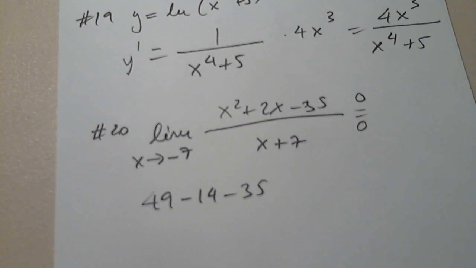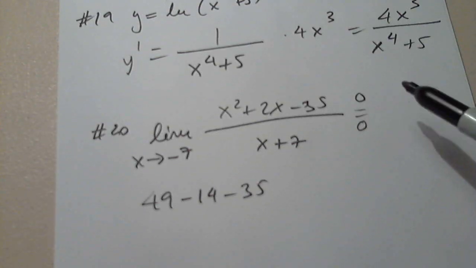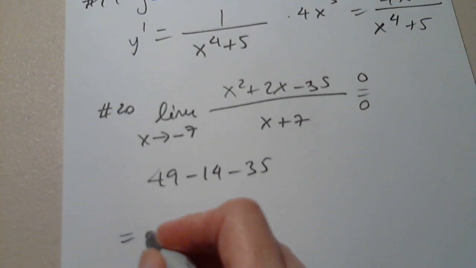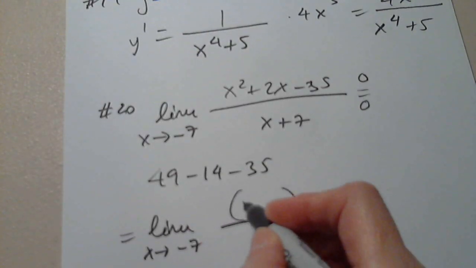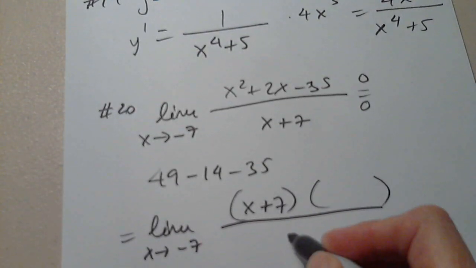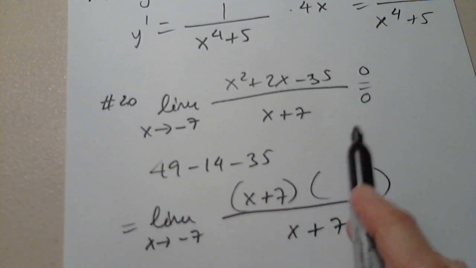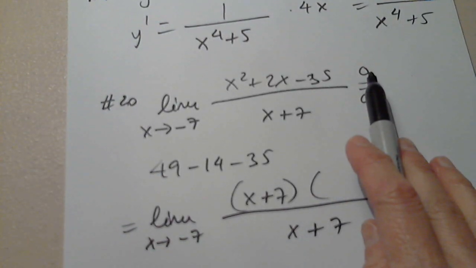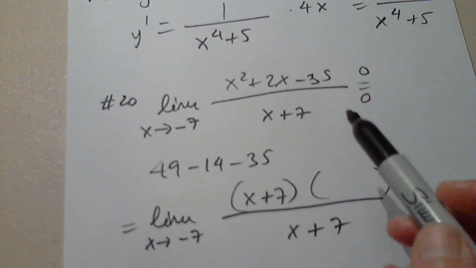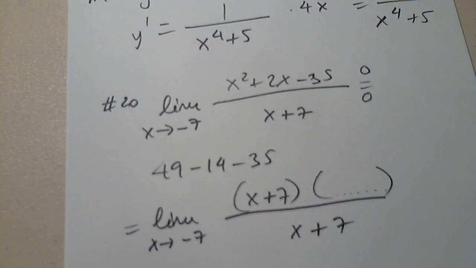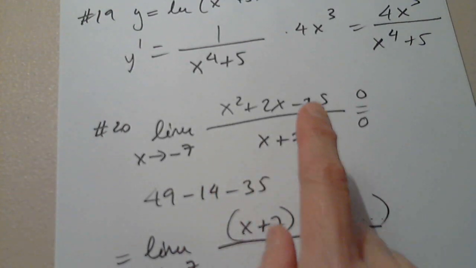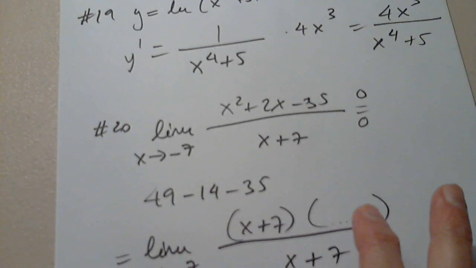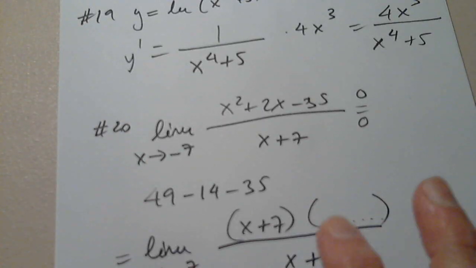Okay, so when I plug in -7 and I got 0, I know the numerator, as we discussed, must have a factor of x plus 7. Otherwise, I would have never gotten 0. Now, the other thing is that I have to find the other factor. So x squared plus 2x minus 35 factors into x plus 7, and can anyone give us the other factor?